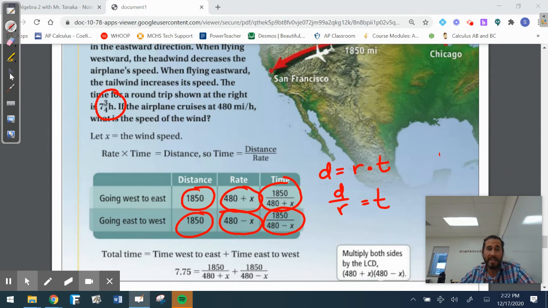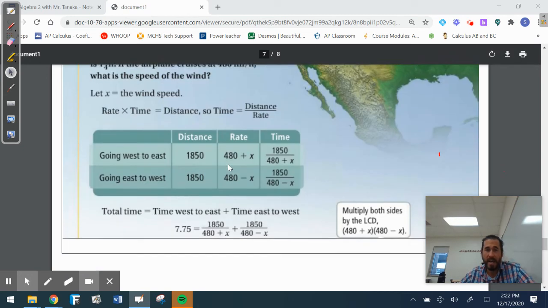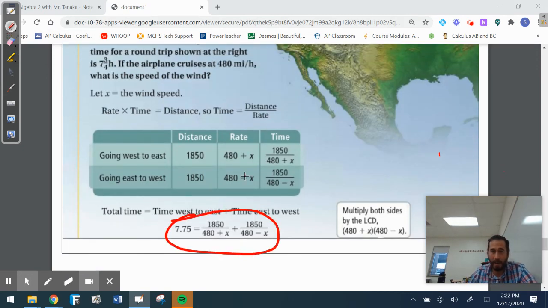So if I was to look at this problem, and I'm going to erase here so you guys can see the rest of it. Okay. The total time spent is 7.75 hours, right? That'd be 7 3/4. And that's going to be equal to the time. Remember, we solved for time spent going from San Francisco to Chicago, which is faster, versus Chicago to San Francisco.